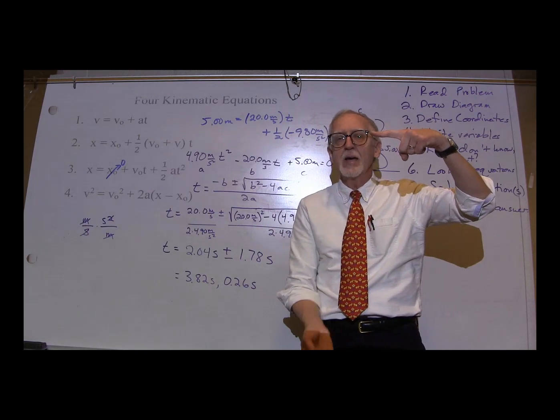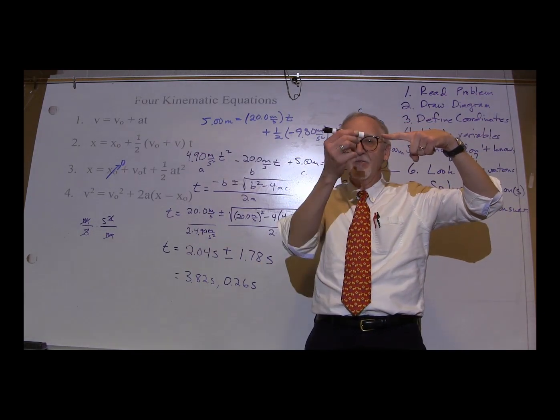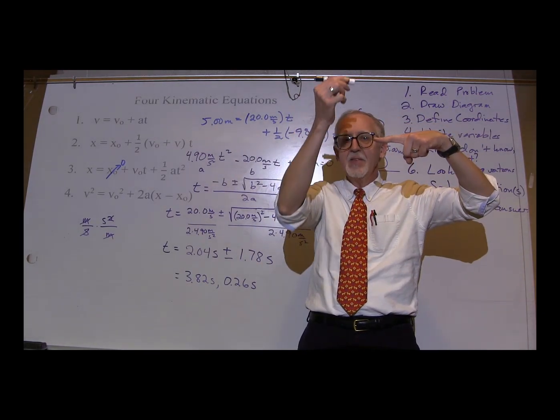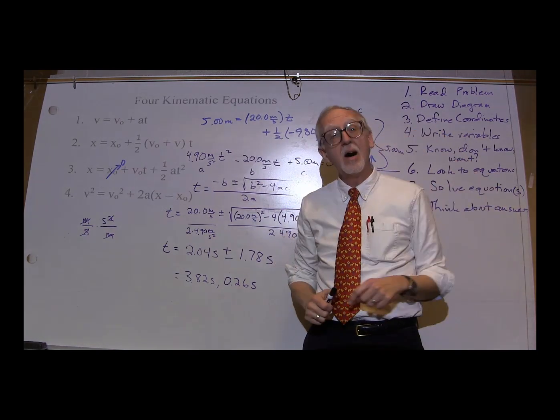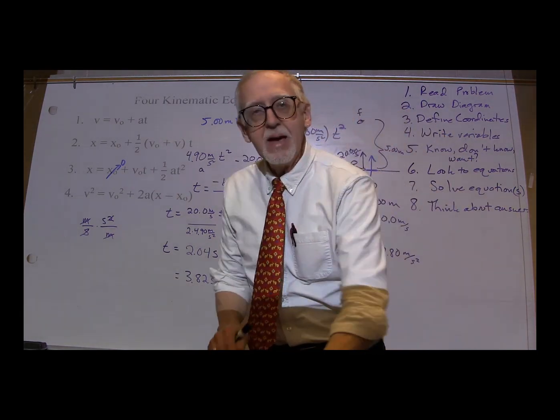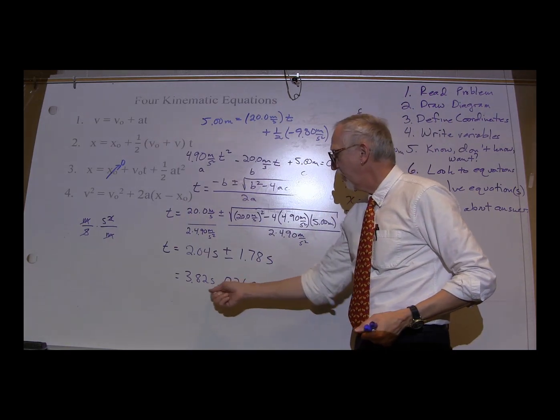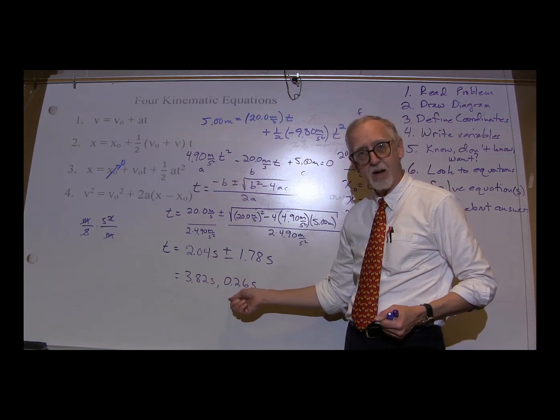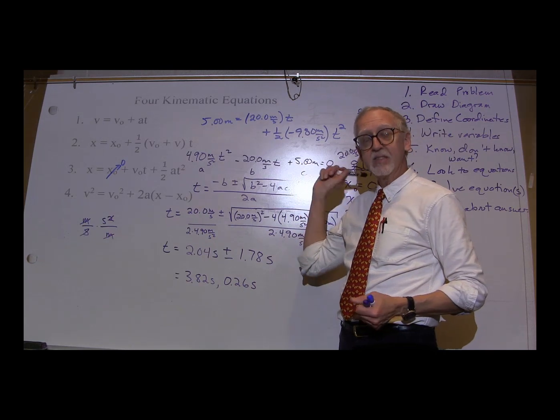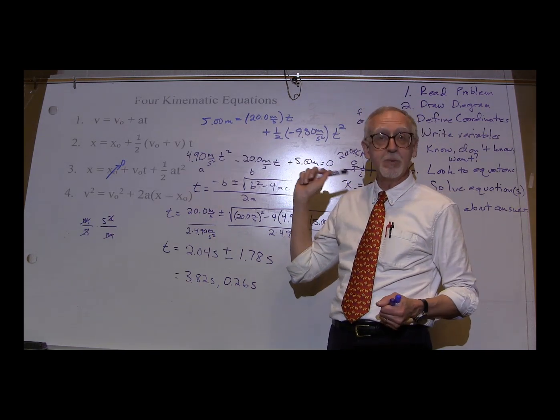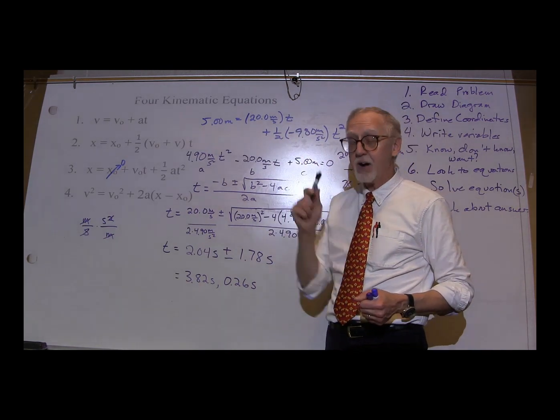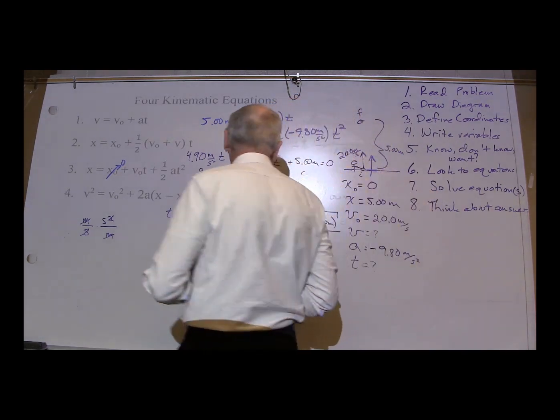As the ball is going up, it passes the 5 meter mark. It goes past, and then it passes the 5 meter mark on the way back down. So it makes complete physical sense that we have two possible times for the ball to satisfy the conditions, in other words, to be at a height of 5 meters. Now let's think about this for a second.